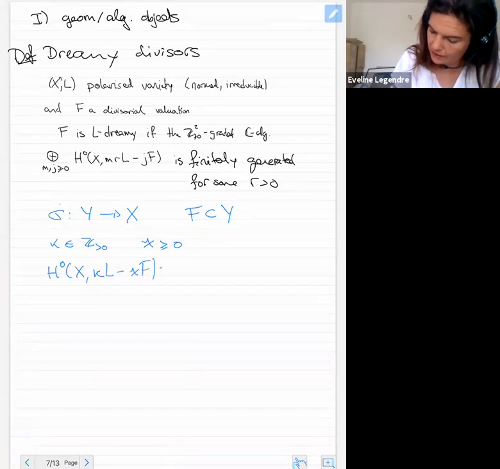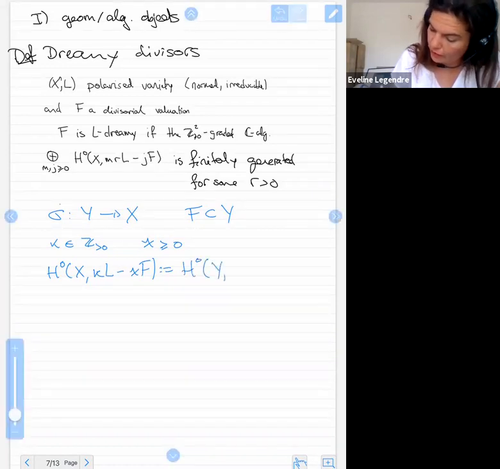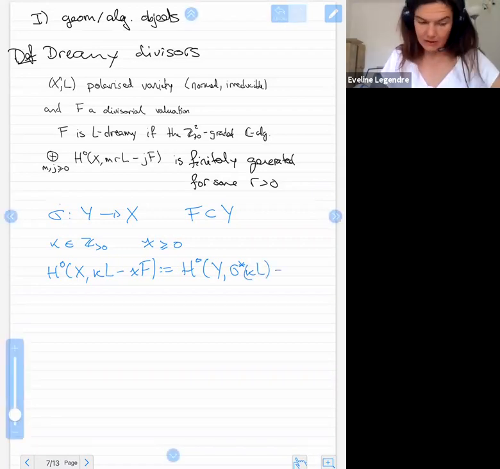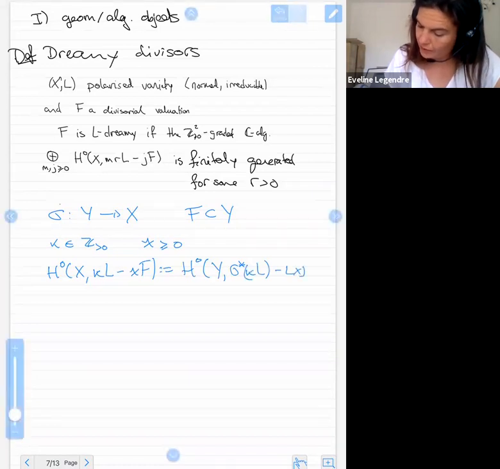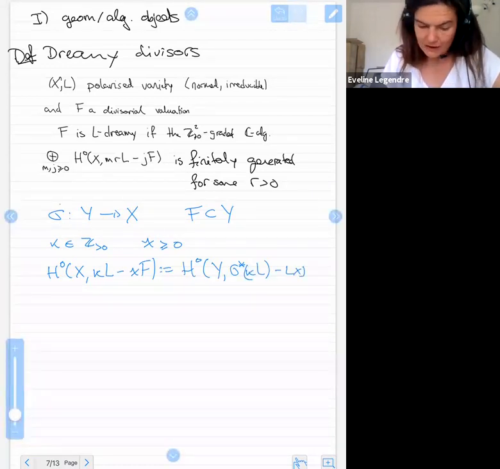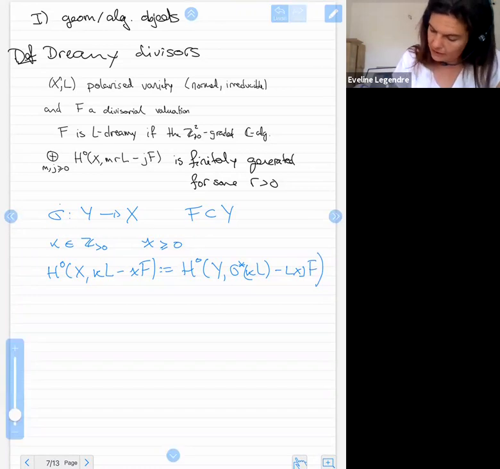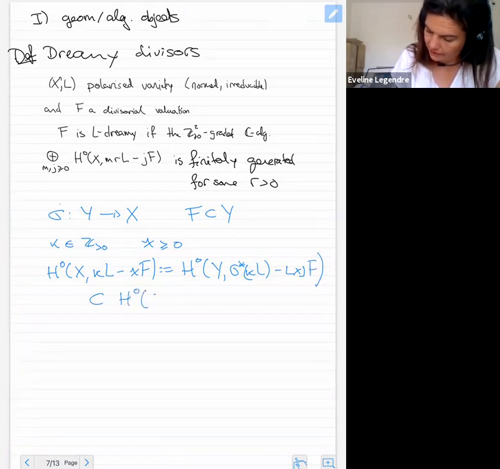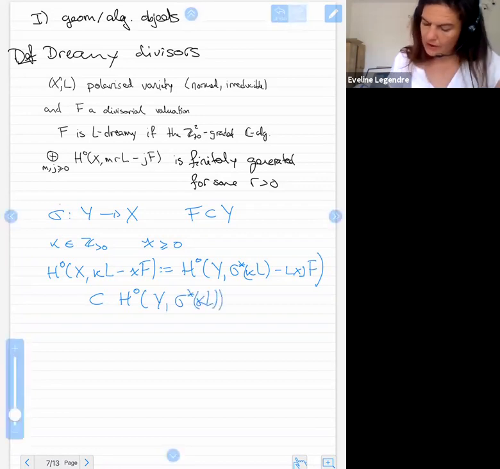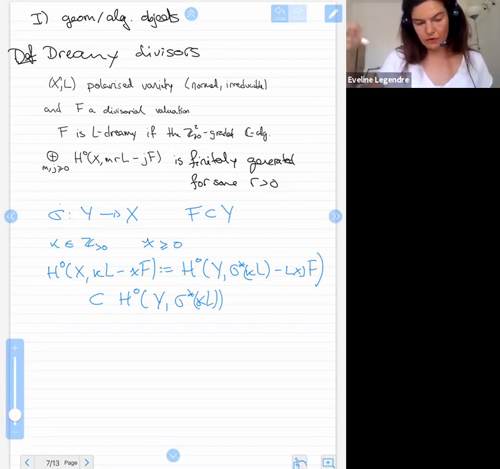It is the space of sections over Y of the pullback of that line bundle that vanish to order at least x along F. Really, this has to be understood as a subset of sections over Y of the pullback of the line bundle, vanishing along F up to some order.